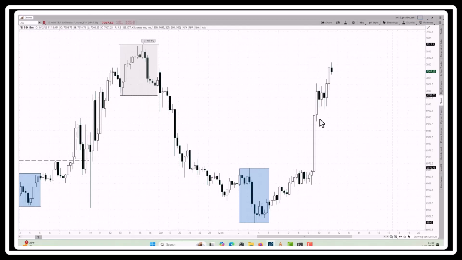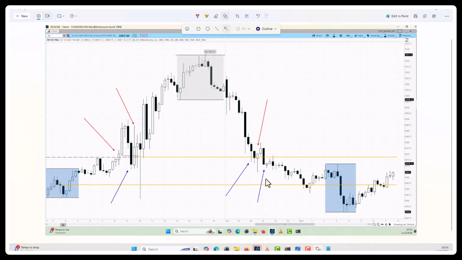So we can see right here, this level gives us some clue. Right, that's the level we missed, because we see it as kind of balanced.